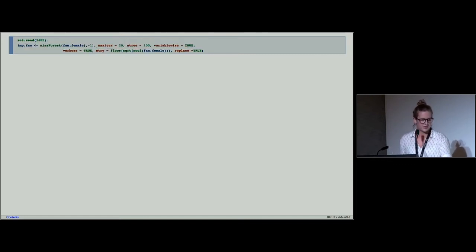So for this particular analysis, I chose to impute using random forests, mainly because it's a non-parametric method that requires minimal assumptions on the side of the researcher about the variables, and it handles categorical and continuous variables.